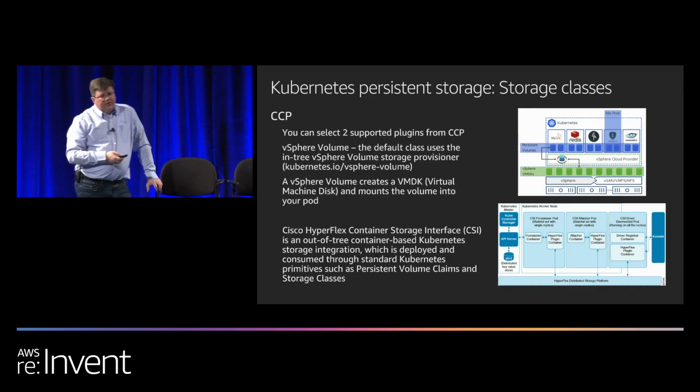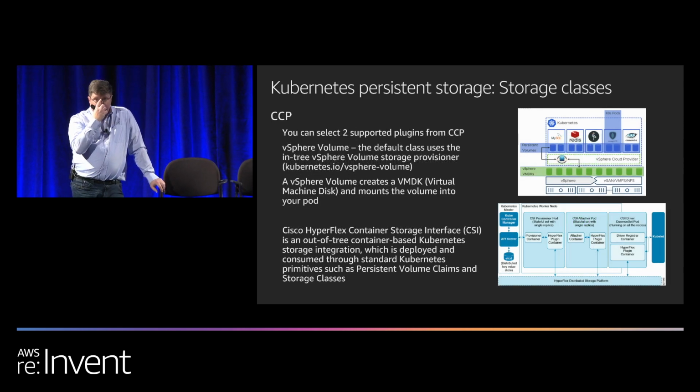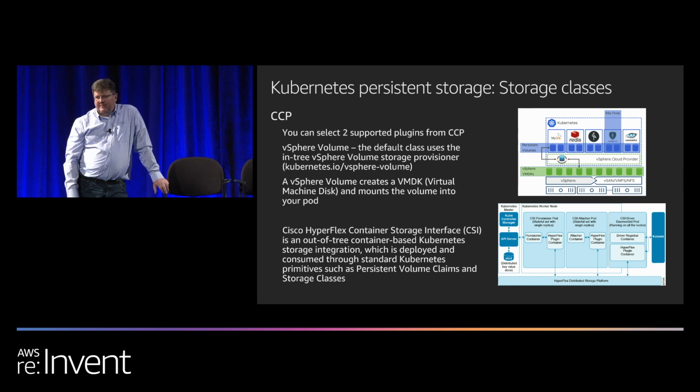So with CCP, again, we've given you two different choices. CCP itself does not have to run on top of a UCS hardware environment. In the current instance that I'm talking about, it's going to run on a VMware environment, which can run on any hardware.